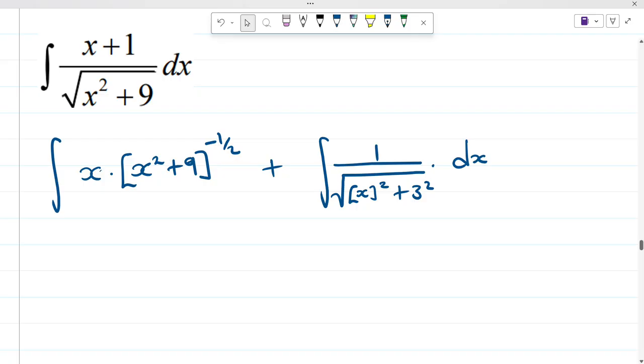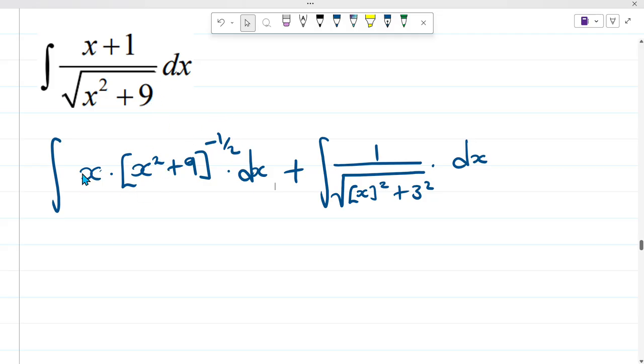So what did I do? I took the square root up and then I rewrote it in exponential form. Of course, the sign of the exponent changed because I took the square root up, so it became negative.